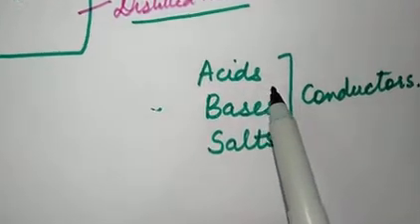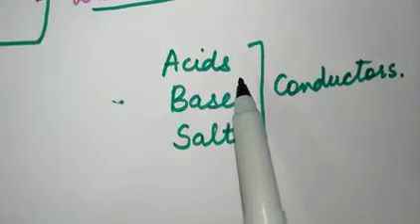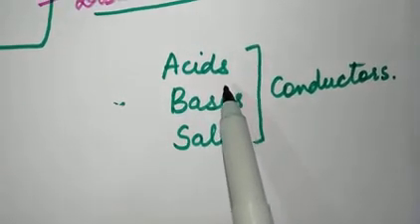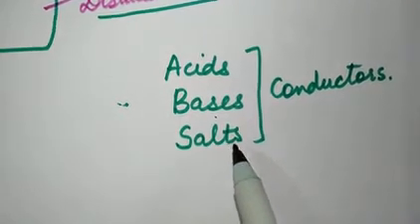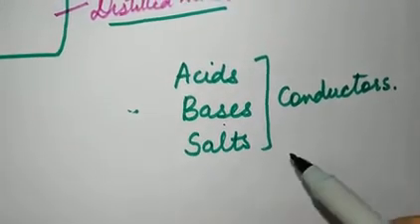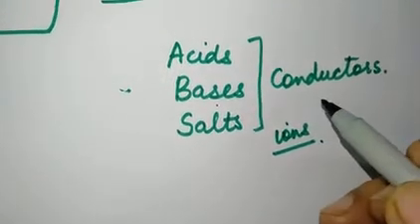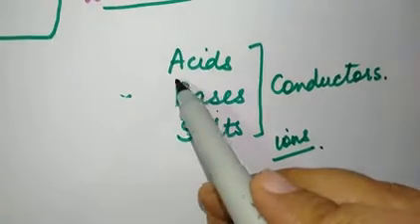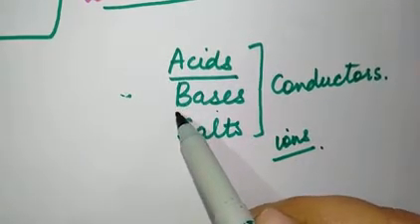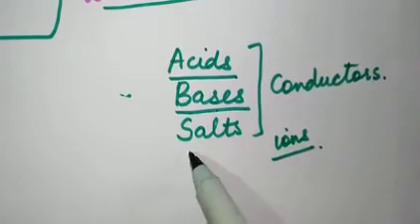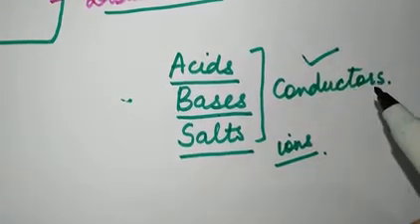Later on in higher classes you will understand it in a much better way, but right now understand that acids, bases and salts can be divided into their ions which can conduct electricity. That is why those liquids which are the solutions of acids, or of bases, or of salts, are conductors.